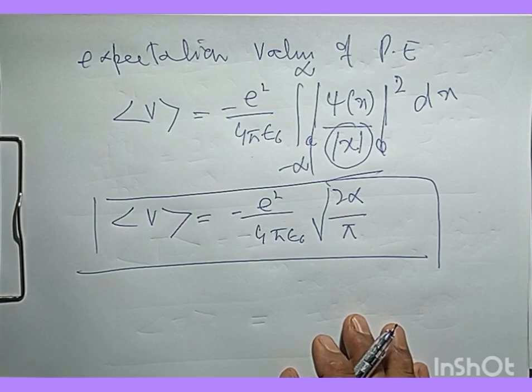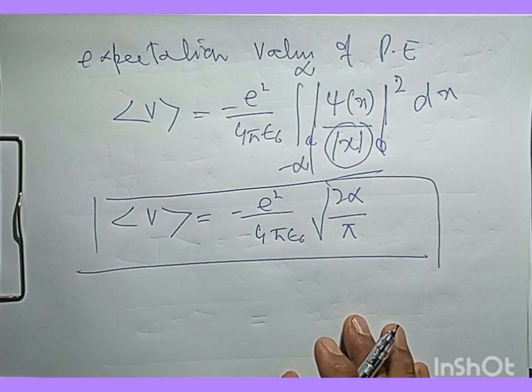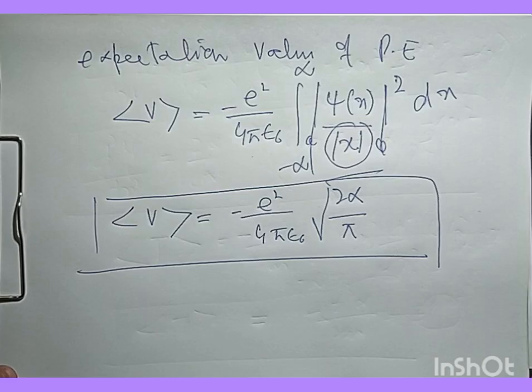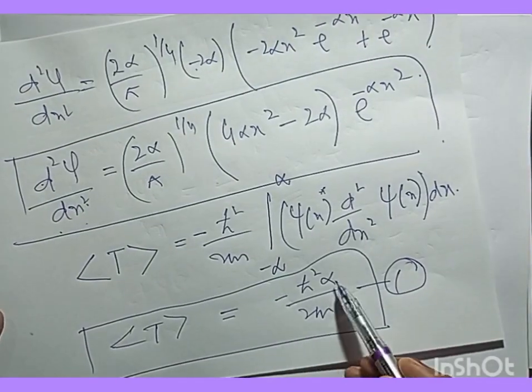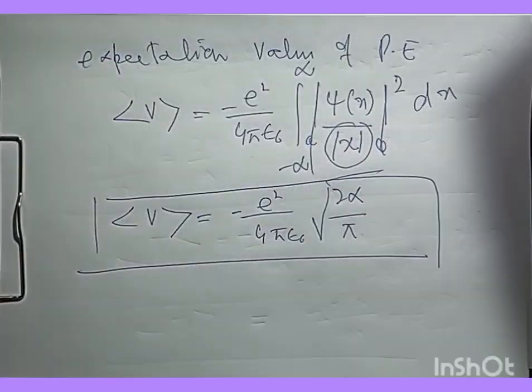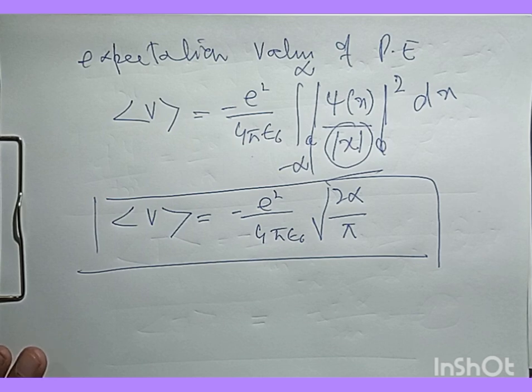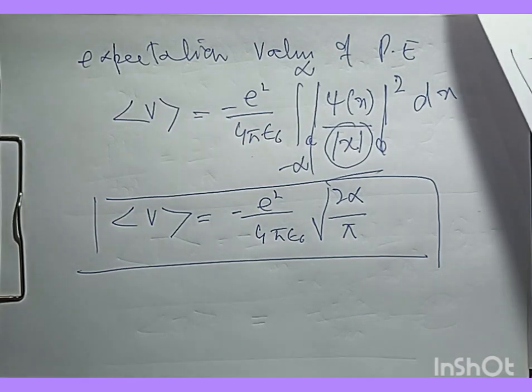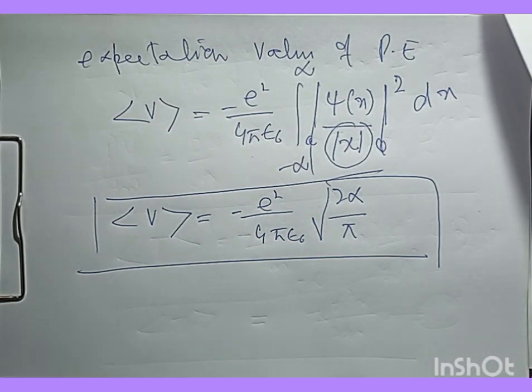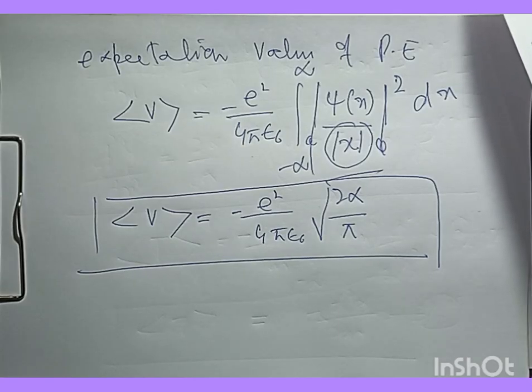We have calculated the expectation value of kinetic energy, minus h cross square alpha by 2m, and for the potential energy, minus e square by 4 pi epsilon naught times the square root of 2 alpha by pi.